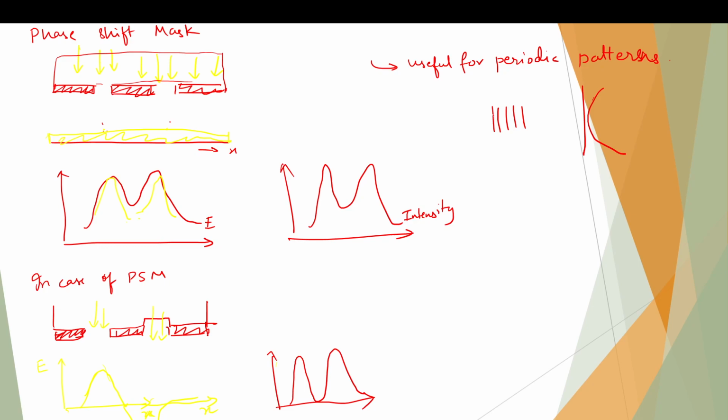Here we can use 180 degree, 0, 180 degree, 0, 180 degree, but in such cases it is not possible. It is useful only for periodic structures, that is its disadvantage. And one more disadvantage is obviously the mask process becomes costly.